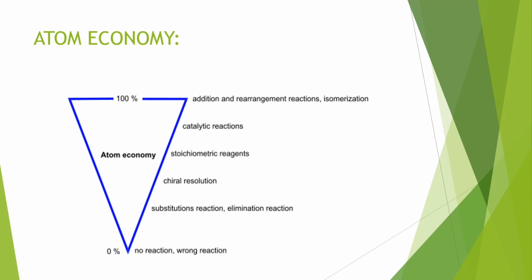If reactions are carried out like addition, rearrangement or isomerization reactions, atom economy is 100%. So very important, the atom economy increases when we treat the reactants like addition, rearrangement or isomerization reactions.